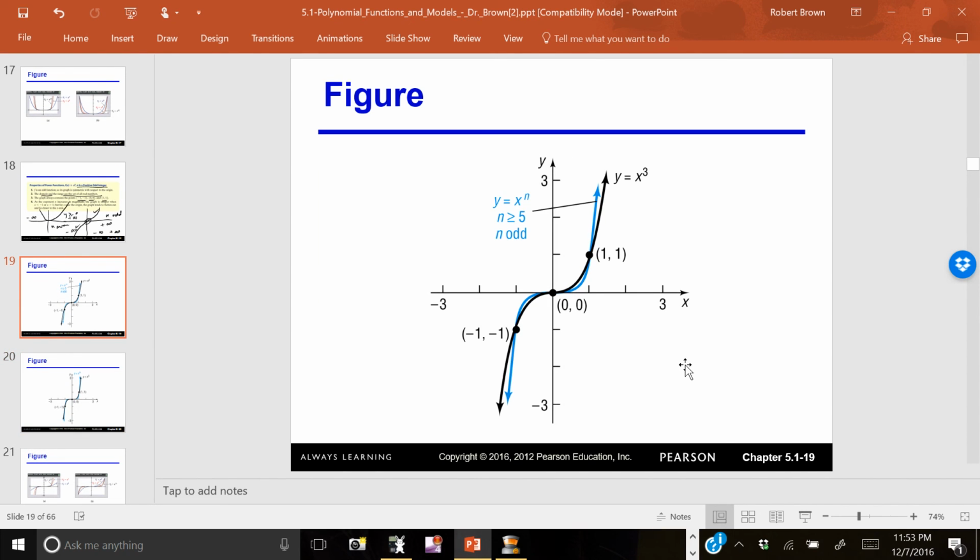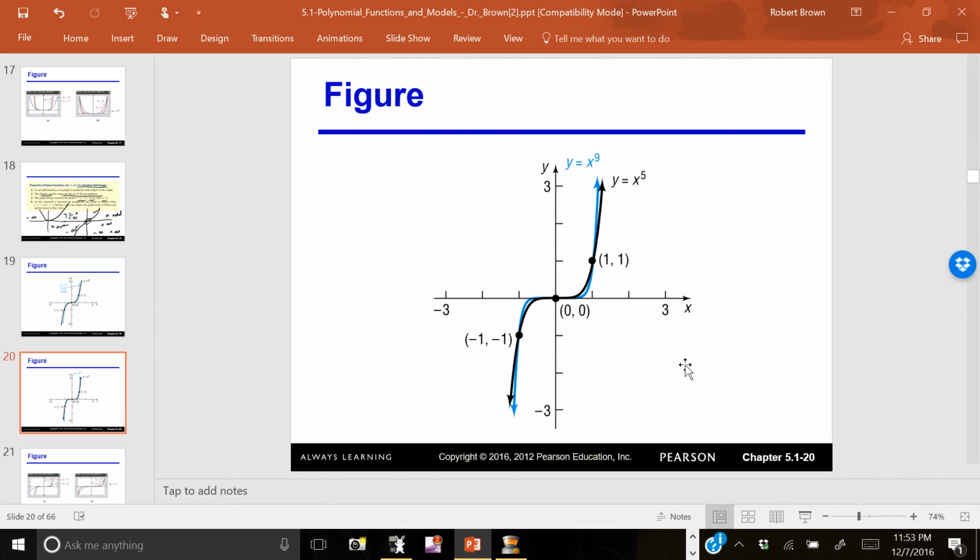Here is x cubed. Here is x to the fifth, x to the ninth. Notice it flattens out as x gets close to 0. It gets very steep around x equal 1.